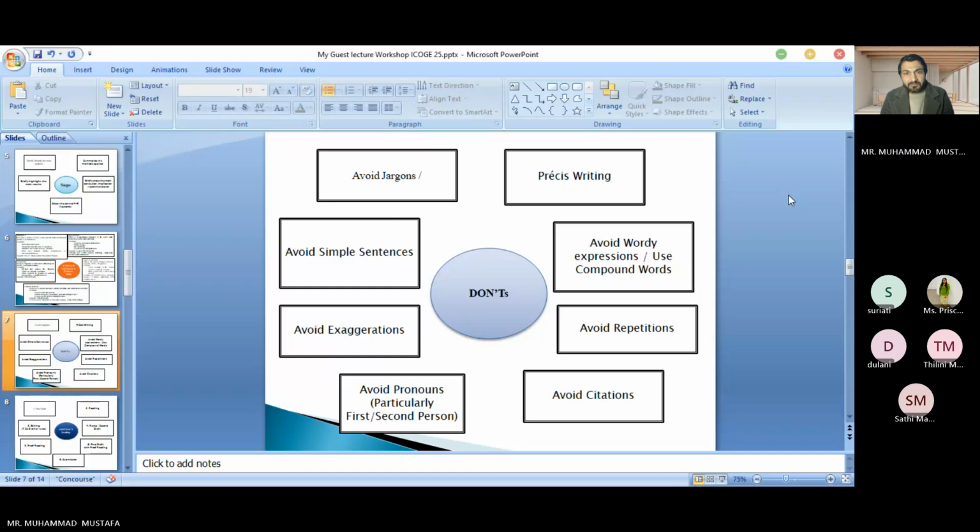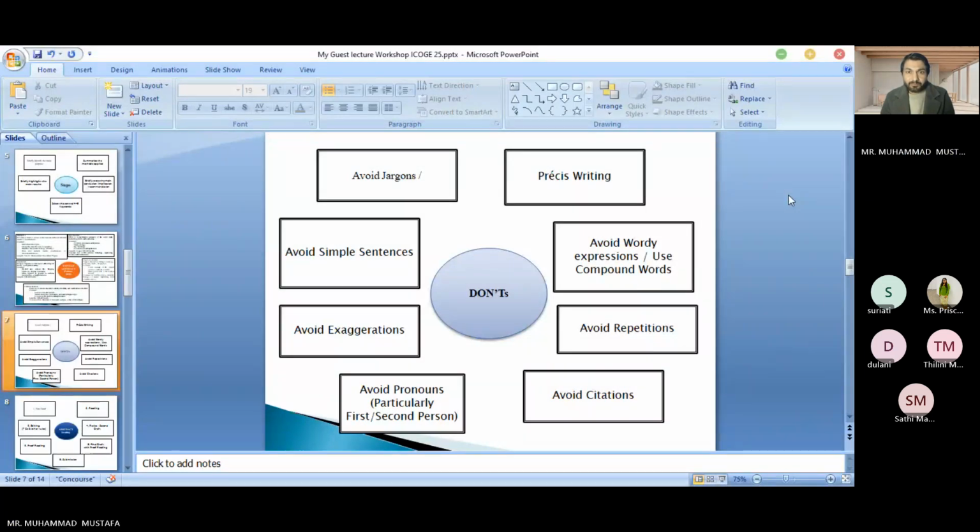So the first thing is to avoid jargon, the unfamiliar words which we think are confusing, while crafting our abstract.